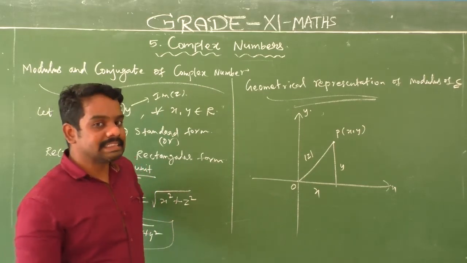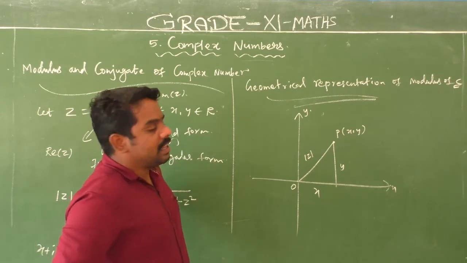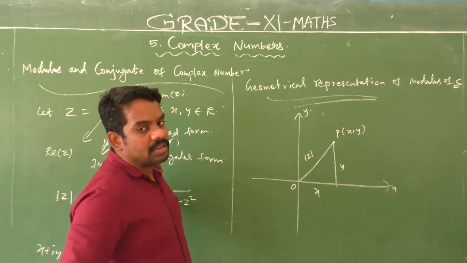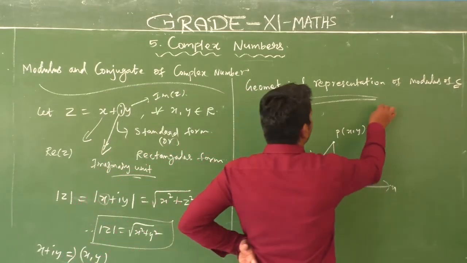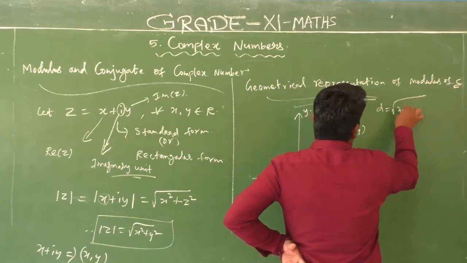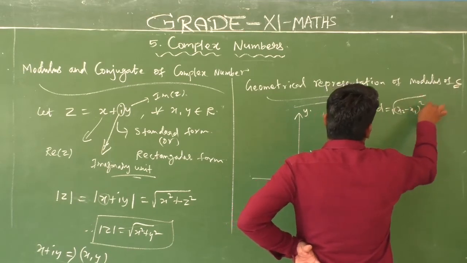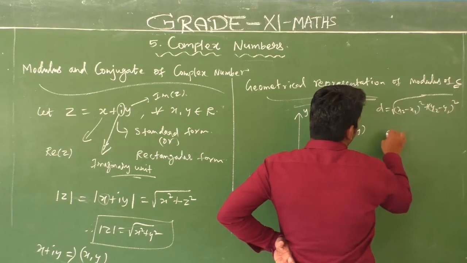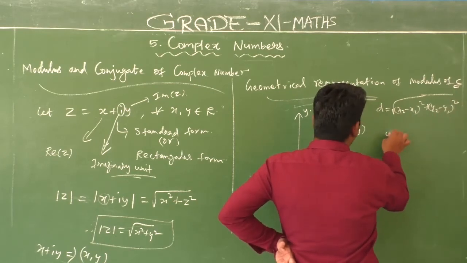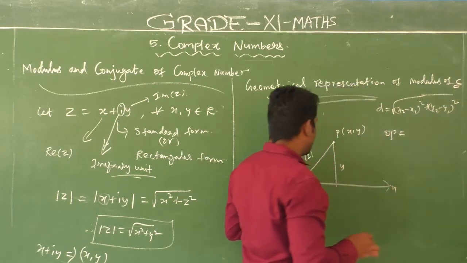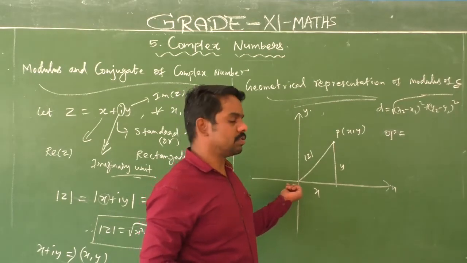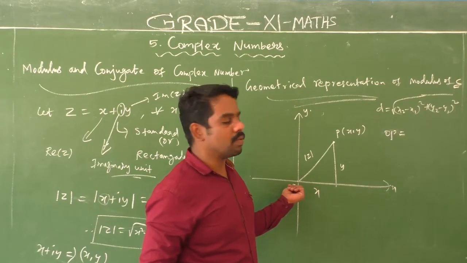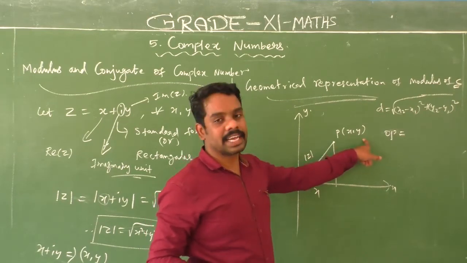You know this from 10th standard. Distance between two points d equals root of x2 minus x1 the whole square plus y2 minus y1 the whole square. Here O is the origin, so 0, 0 is x1, y1 and x, y is x2, y2.